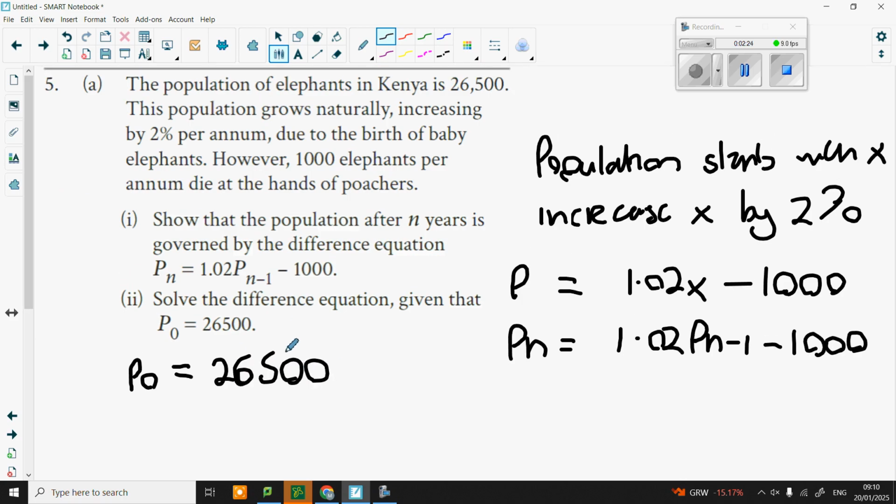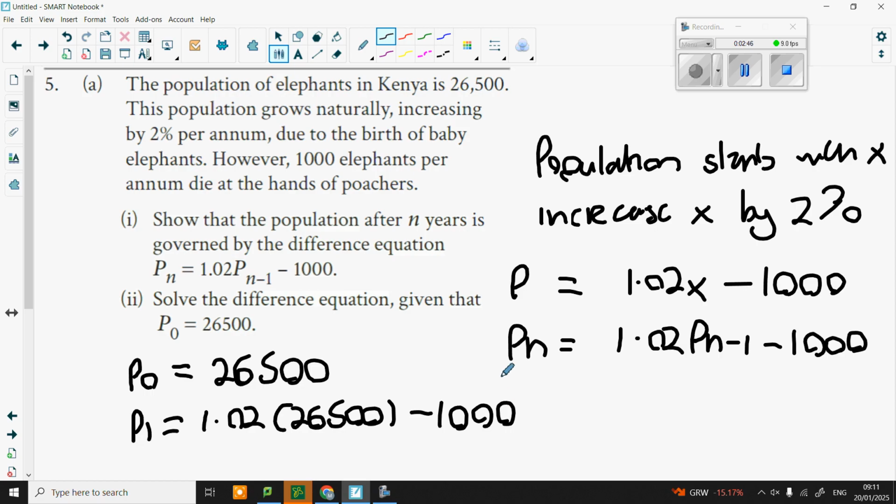26,500. Here we go. Now, what we're going to do is P1 is 1.02 P0 minus 1,000. Is that okay?